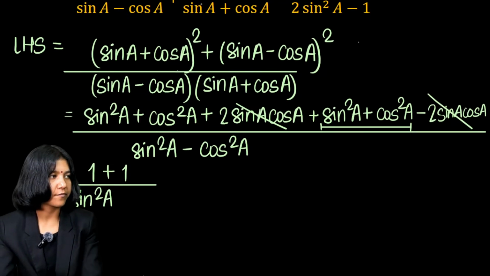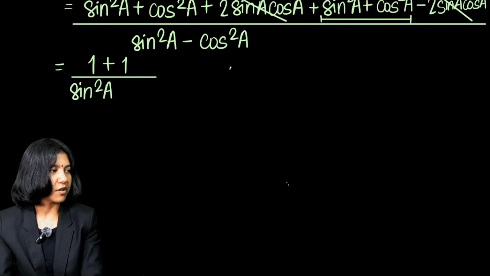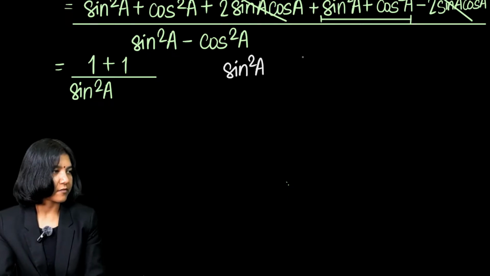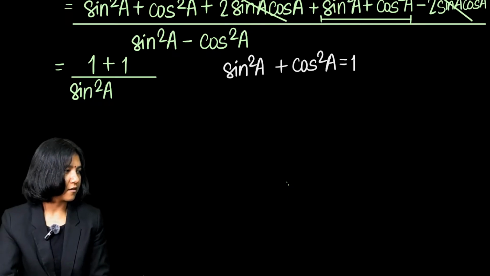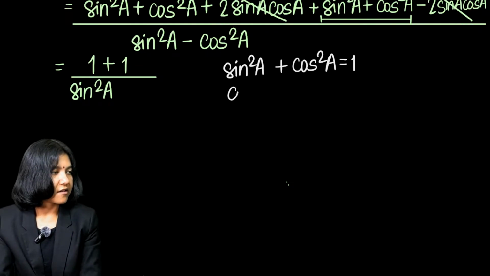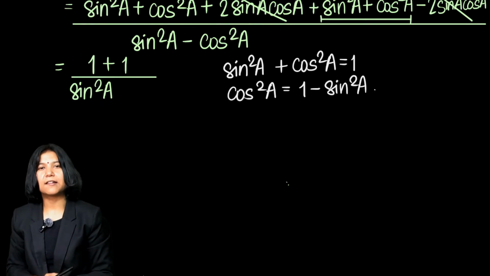Because sine squared A plus cos squared A is 1, I can write cos squared A equal to 1 minus sine squared A. Definitely, the identity might not be helpful in just the way it is.